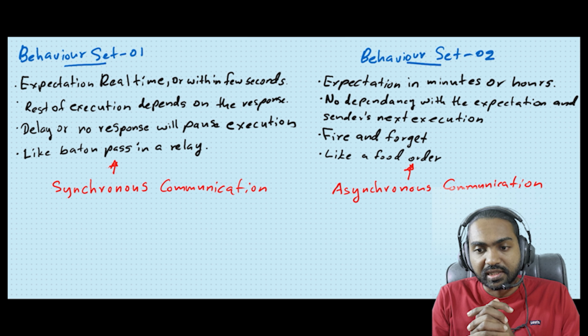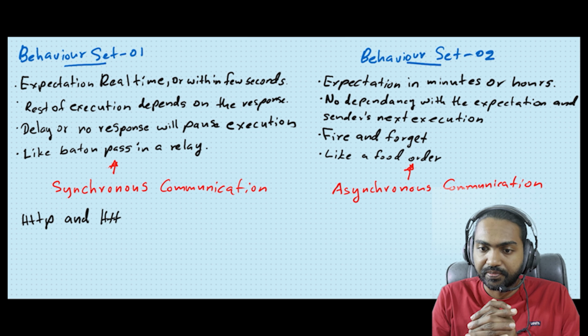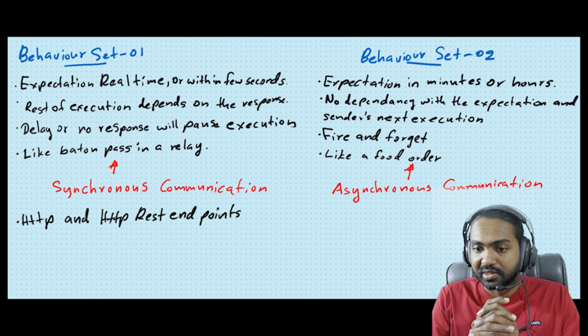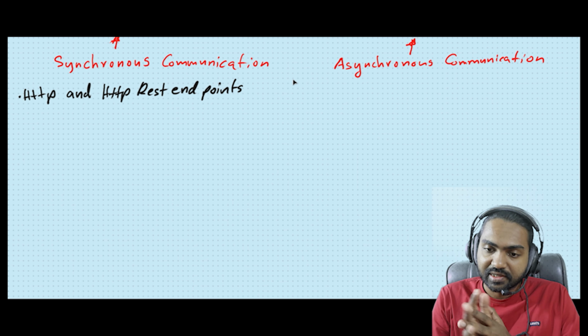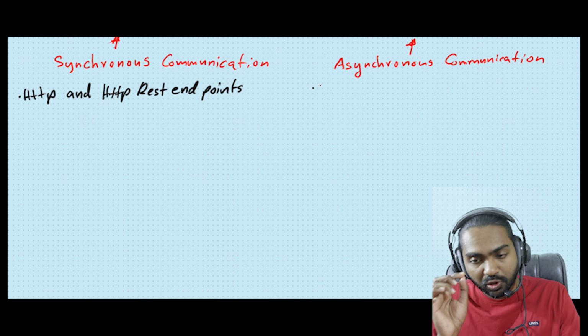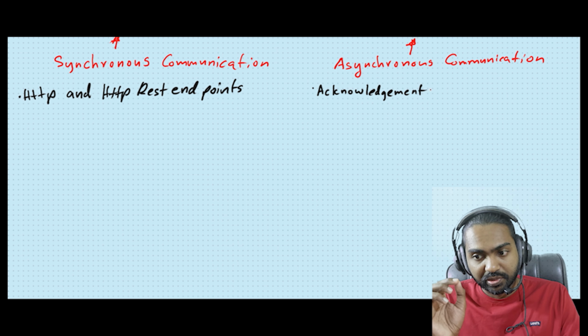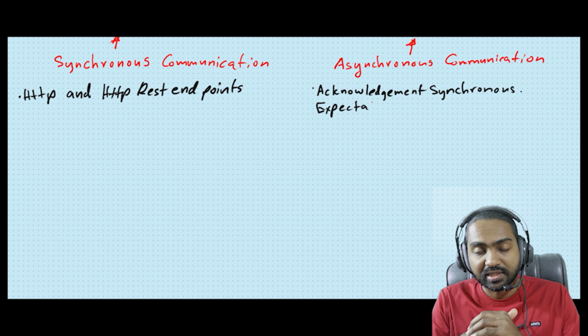HTTP is a common protocol that uses synchronous communication. HTTP REST endpoints are the common usage of synchronous communication. In asynchronous communication, there is a small part which is synchronous. Message acknowledgement is the synchronous part, while the expectation of the message is asynchronous.